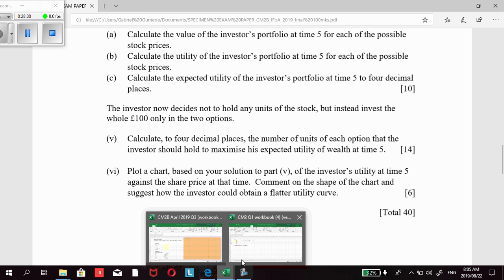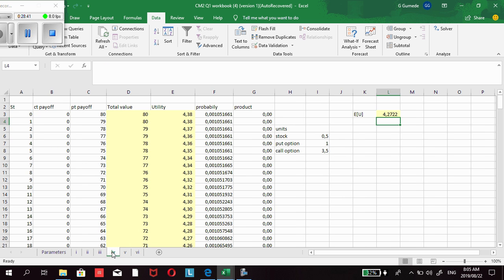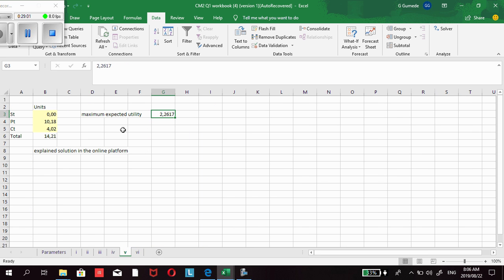Now, in order to plot the chart the examiner wants, you need the utility and the share prices corresponding to the maximum expected utility. But unfortunately, we didn't do that.